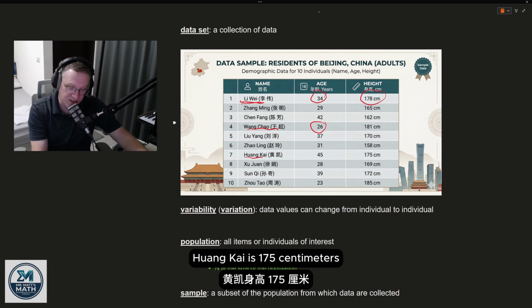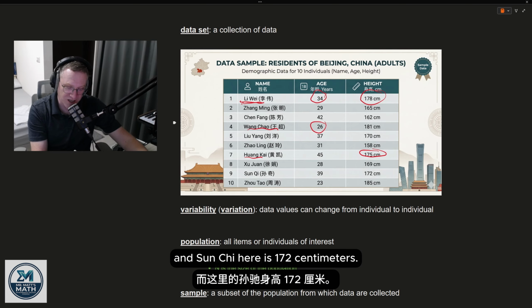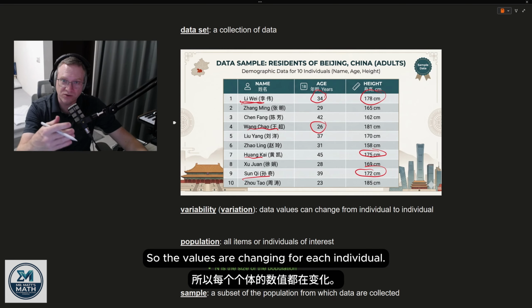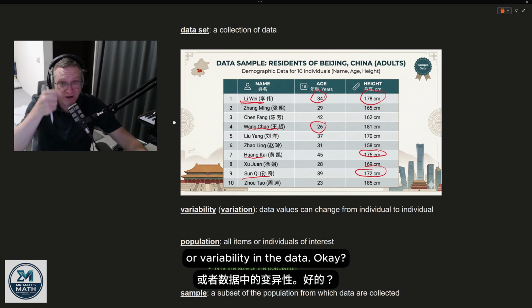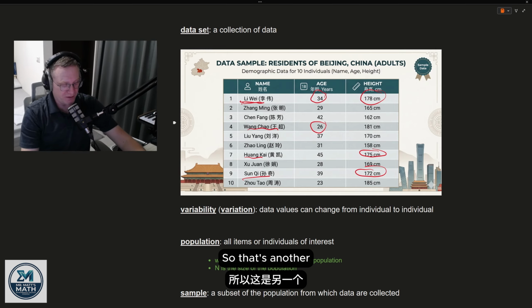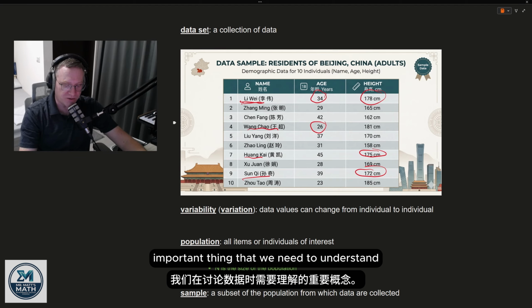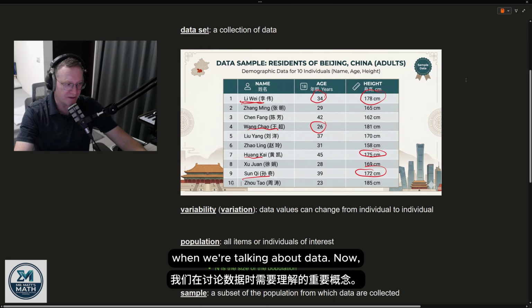Huang Kai is 175 centimeters and Sun Qi here is 172 centimeters. So the values are changing for each individual. That's what we call variation or variability in the data, okay? So that's another important thing that we need to understand when we're talking about data.